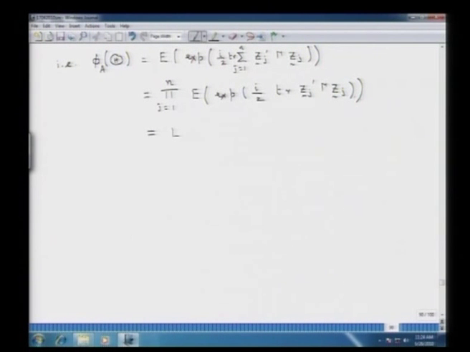So let me just write this as z1. Whatever is the expectation of this exponent for z1 is going to be the same for any of the j's in this product.